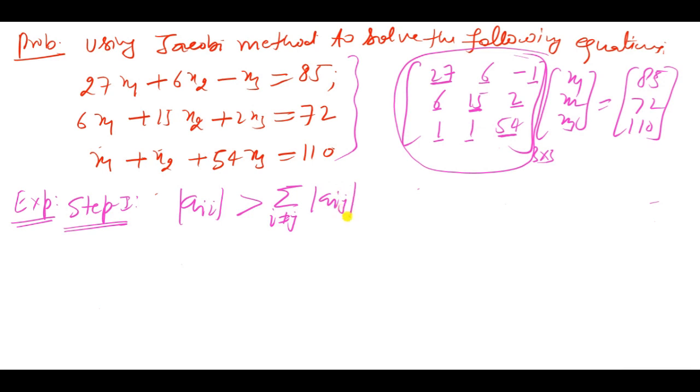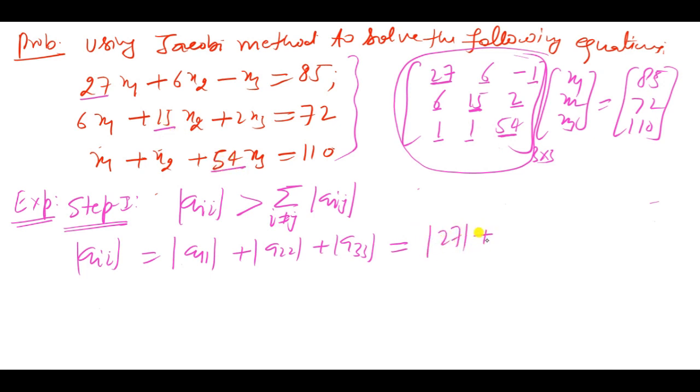Here the sum of mod of aii means mod of A11 plus mod of A22 plus mod of A33, that is 27 plus 15 plus mod 54, which is equal to 96.